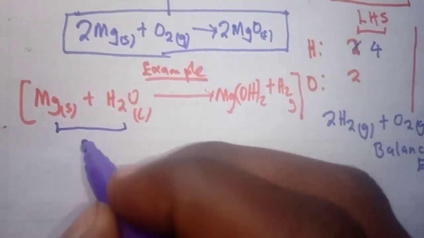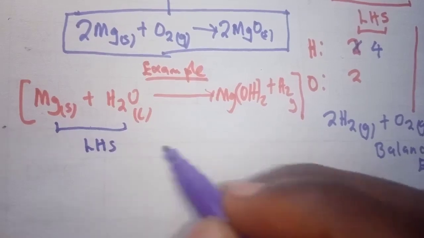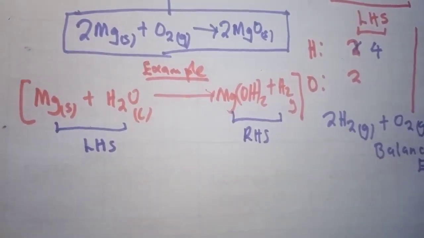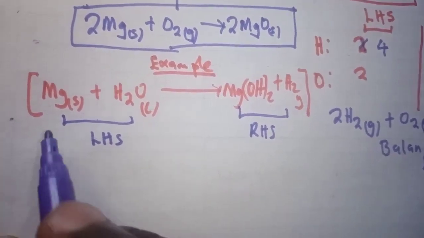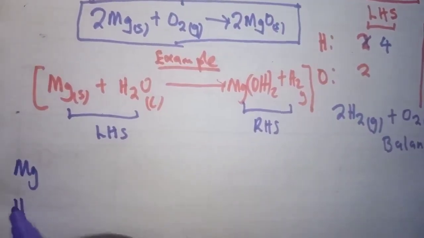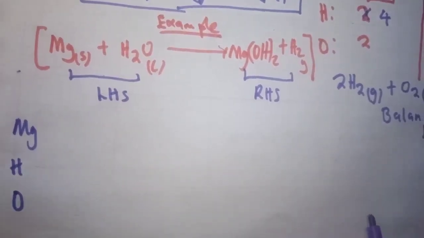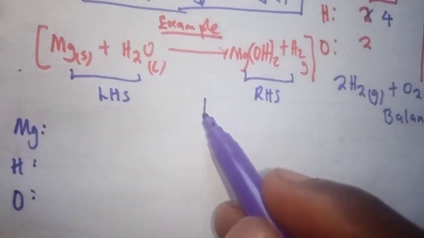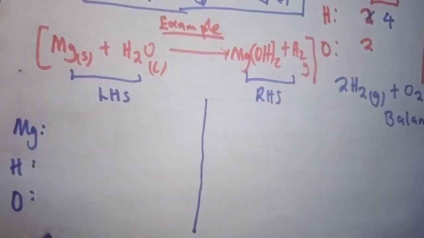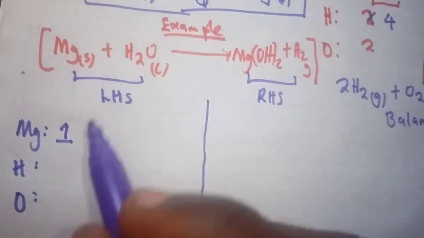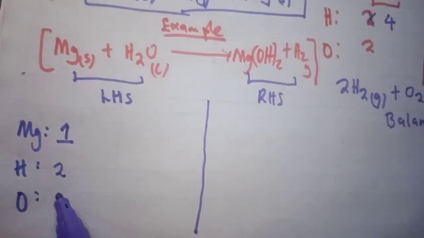So this is your left hand side, this is your right hand side. The elements you have are magnesium, hydrogen, and oxygen. You have 3 elements here. Let's start. Magnesium here 1, hydrogen 2, oxygen 1.